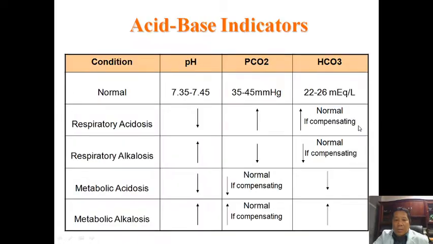But for now, we just want to remember that any blood pH lower than 7.35 will cause acidosis. Any blood pH higher than 7.45 indicates alkalosis.